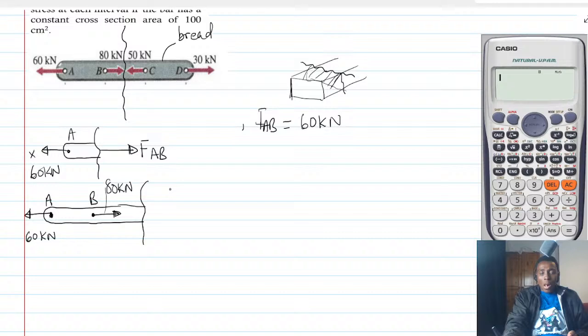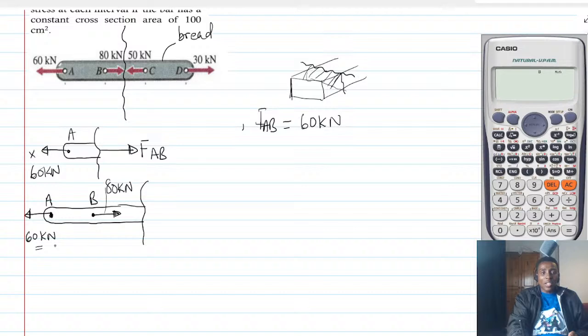Okay, so what does it mean? If you cut between B and C, there is an internal force between B and C. If we want to really show this internal force, we have to look at the forces.